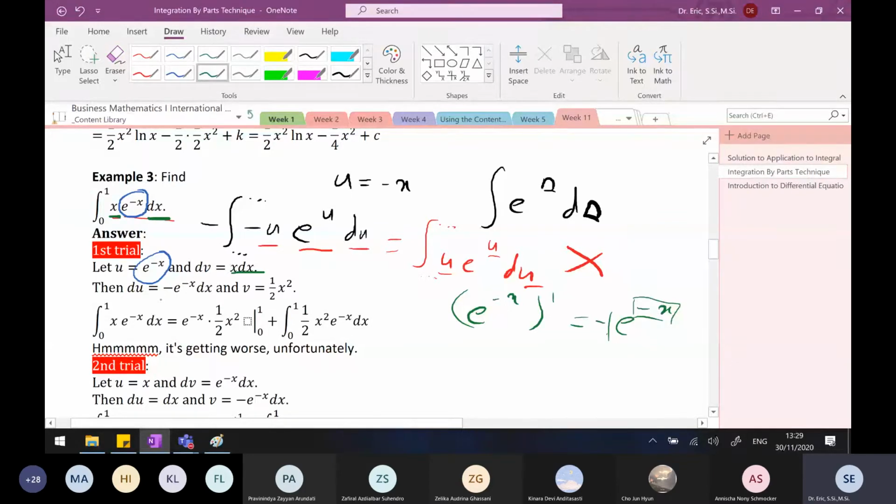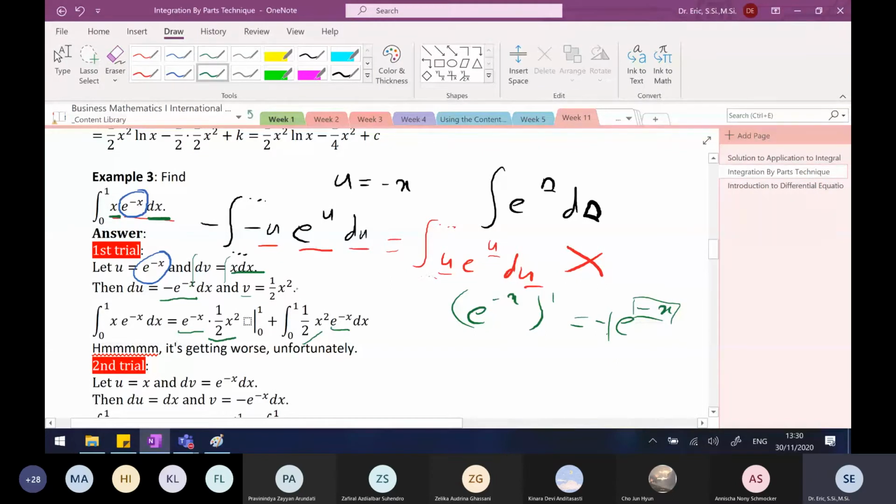So here you have du equals minus e to the power of minus x dx. What is v? If I integrate this, the integral of dv is v, the integral of x dx is half x squared plus a constant, we leave out the constant. So I can write the integral as uv evaluated at 0 and 1, plus integral v du.